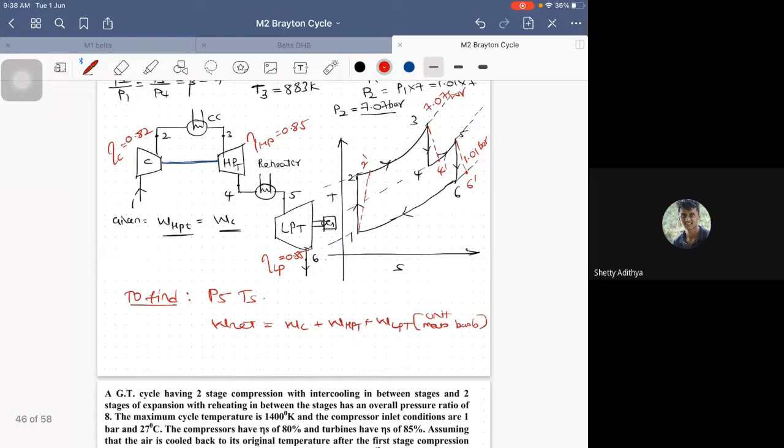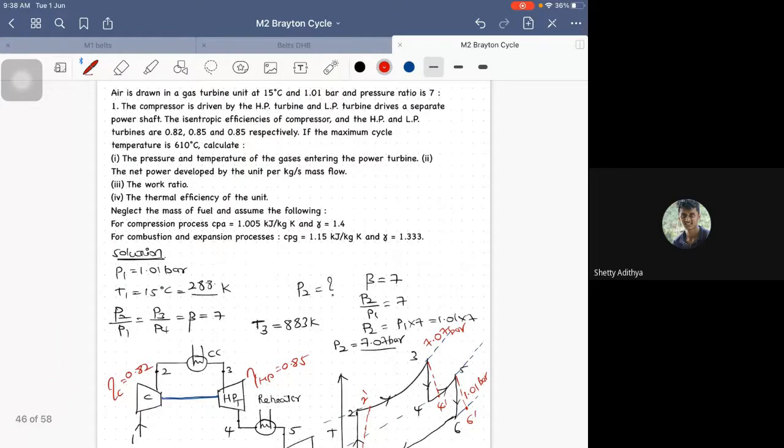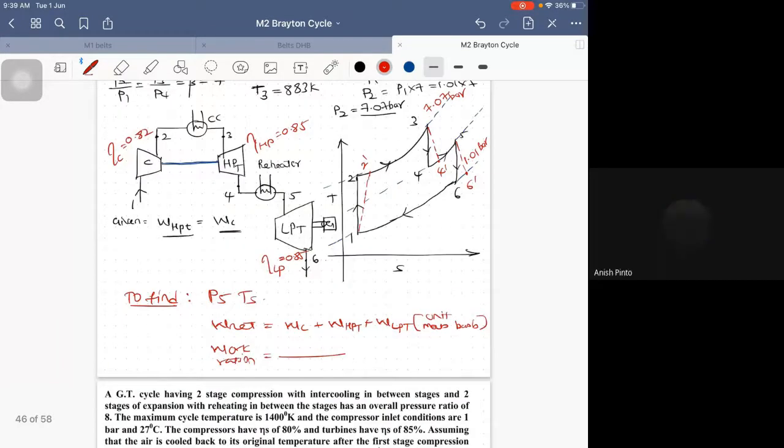So how will you calculate the work ratio? Already we have discussed this. How many of you remember it? W net divided by positive work.